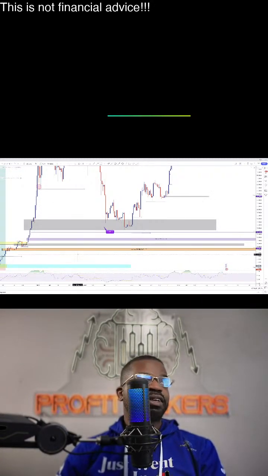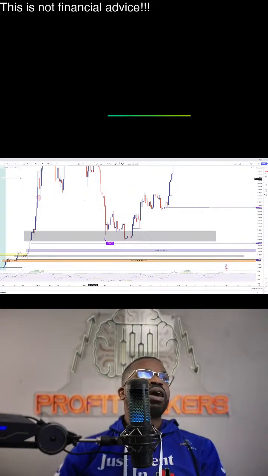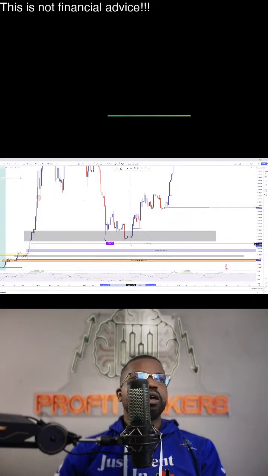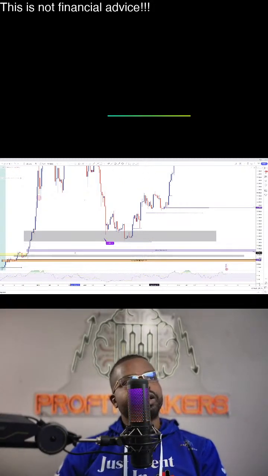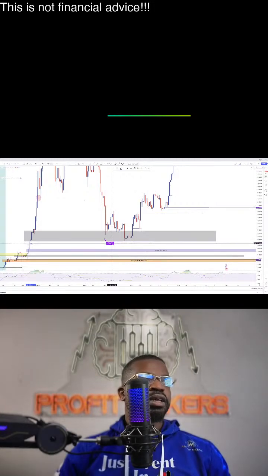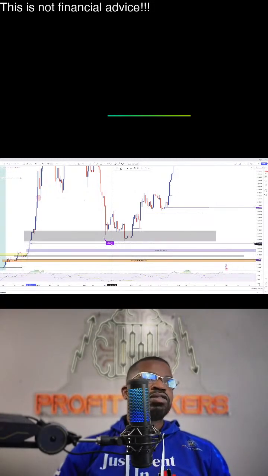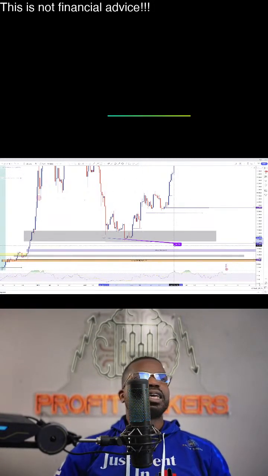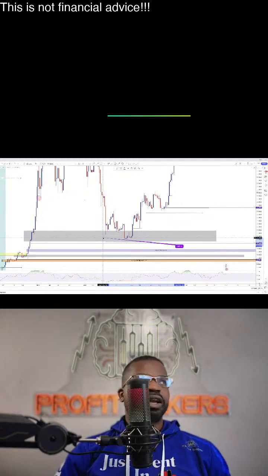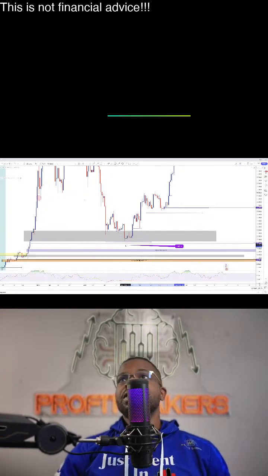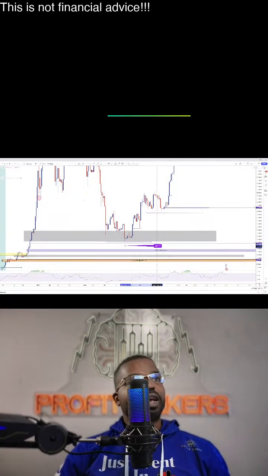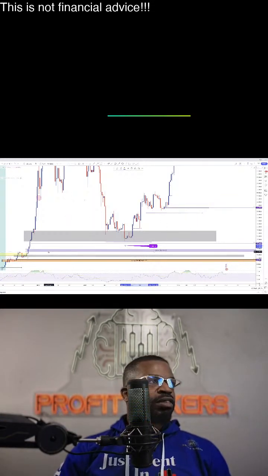It was not retested. And with price dropping down to this level, creating all of these rejections, what do you think is underneath that? Liquidity. Come on now. So, look, I get the emotional side of things, but technically, this thing shows that there's a chance that we could have a major pullback. Look at this imbalance zone.